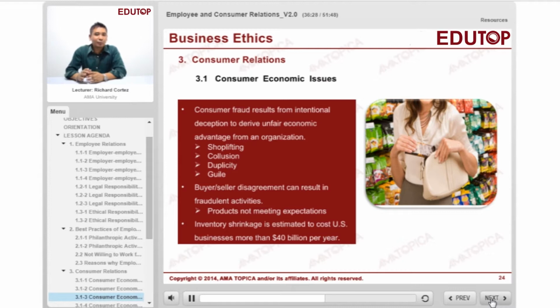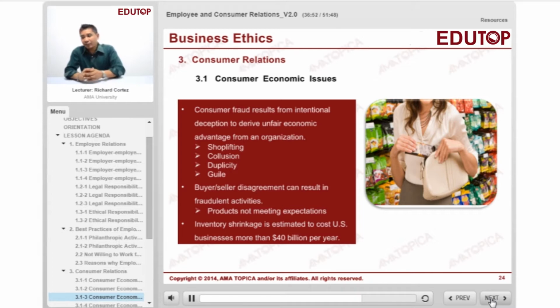So there would be misunderstanding between the two of them, and that is not good. That is very unfortunate, because the seller will lose a very good or sometimes a loyal consumer, because the company does not provide the quality as expected by the consumer.